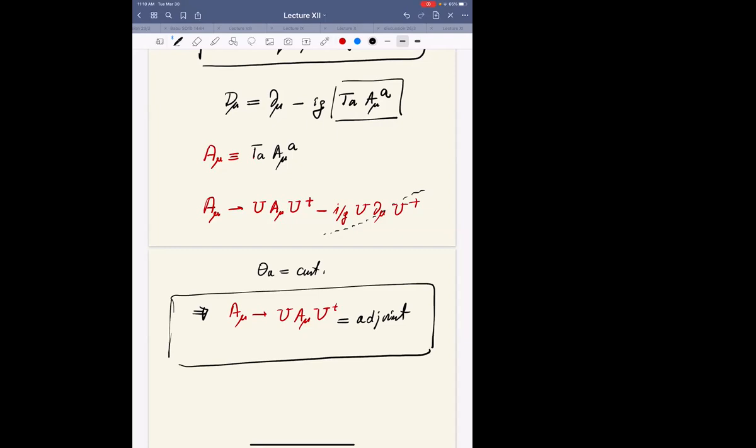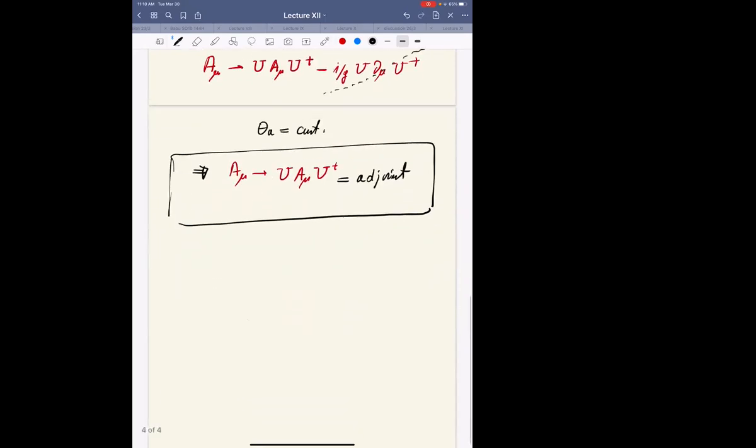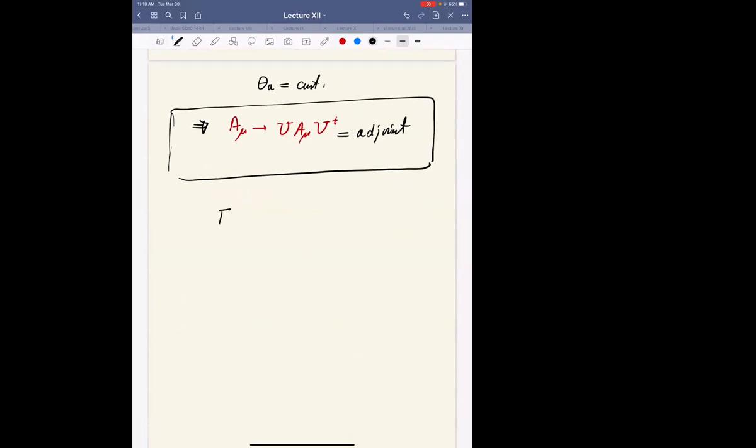And then, of course, I agree with you, F mu nu transforms the same way. If I write F mu nu as F mu nu^A T^A, this is true in general: F mu nu transforms as U F mu nu U dagger.